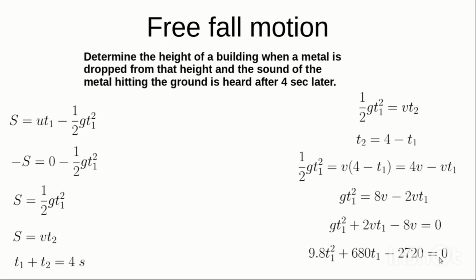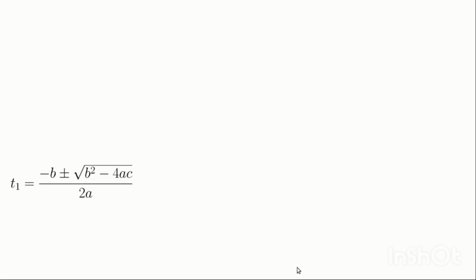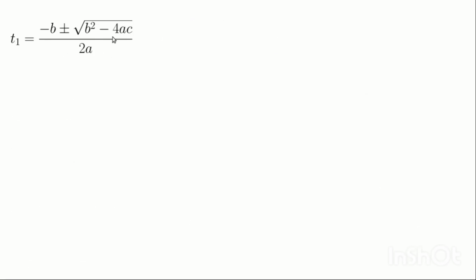If we use this formula and substitute the values of a, b and c, we get t1 equal to 3.79 seconds. We have two answers for t1, but we cannot use a negative timing. So this one will be the correct timing for t1, right?